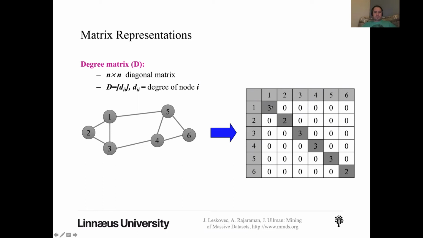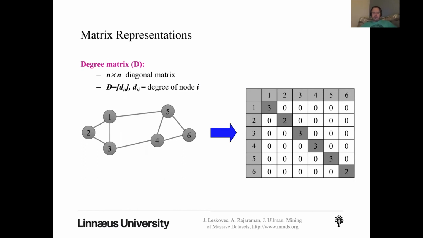The values here are the actual degrees of the nodes. For example, (1,1) is 3 because node 1 has a degree of 3, so it has 3 edges. Then (2,2) is 2 because it has 2 edges. (3,3) is 3 because it has 3 edges, and so on. It's a degree matrix, so just the diagonal with the degrees of each node.